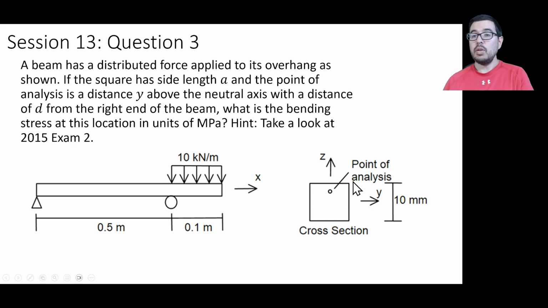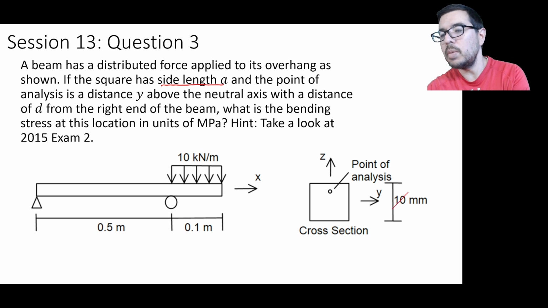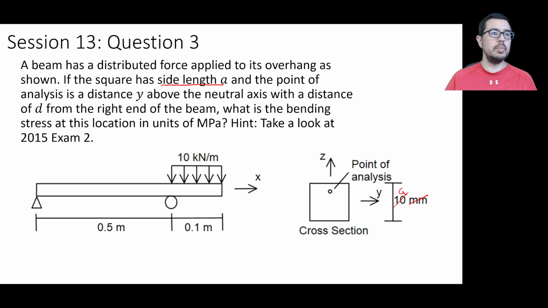Because if I know what the length is, now this length, it says it has side length A, so this shouldn't be 10 millimeters, it should be A. Yeah, but you know, it could be on that order. 1 centimeter is not way off.